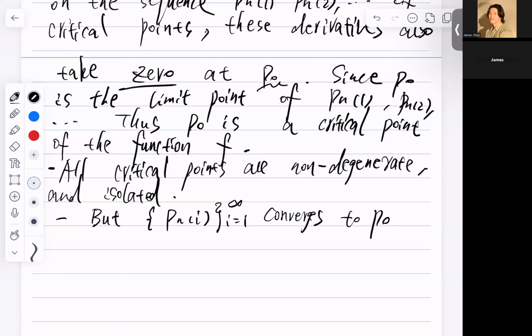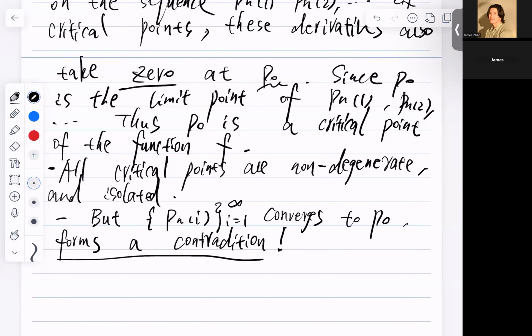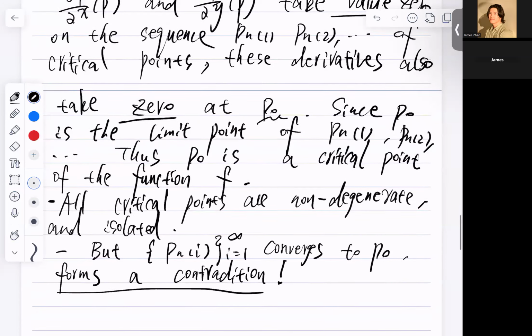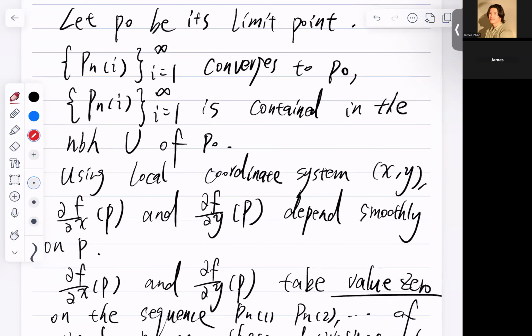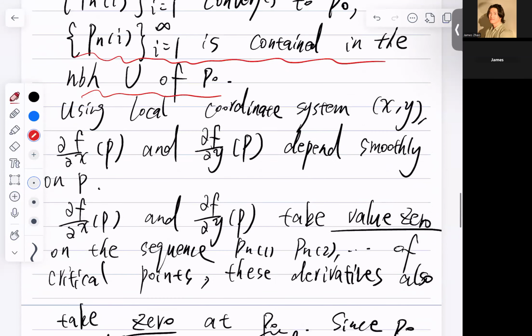As we just said, P naught is our limit point, and we have this convergence from this subsequence to the limit point, which forms a contradiction, right? But why is that a contradiction? We just said that there exists a neighborhood, right? Right here. So this set is contained in some neighborhood of P naught, correct?